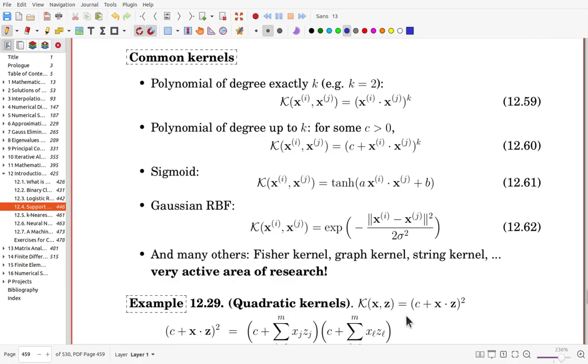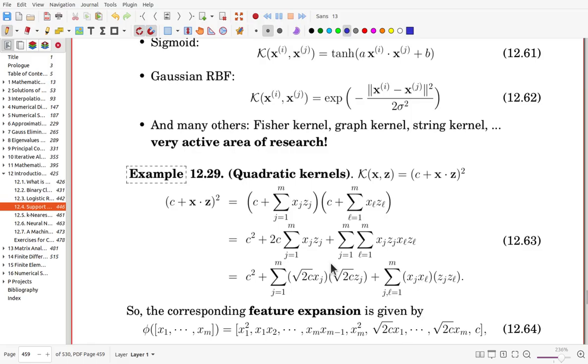Let's see this example, the quadratic kernel. Once we consider this function, a constant plus this dot product squared, then using some algebra, we can reach these terms.